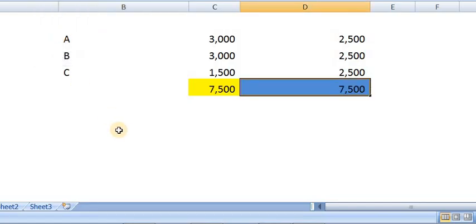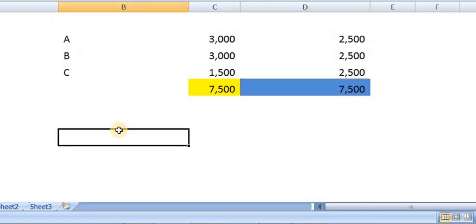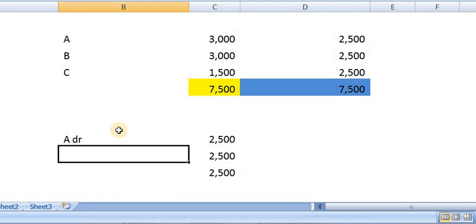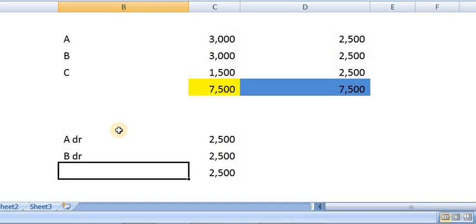Another color. So first step is A's capital account debtor. A debtor 2,500, B debtor 2,500, C debtor 2,500. I am doing this in the Excel sheet.